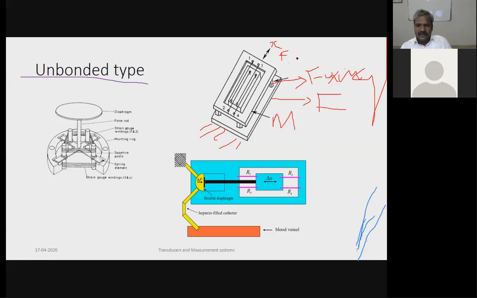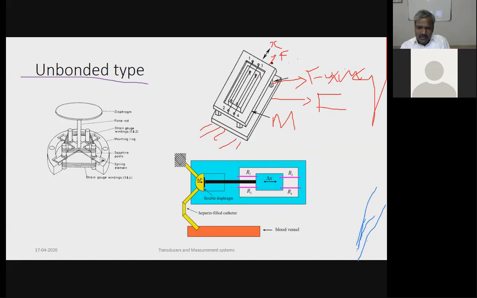Force or displacement. Suppose if we apply force towards this direction, the movable arm, this movable plate moves towards this side. Okay, when it moves towards this side, please try to understand here.